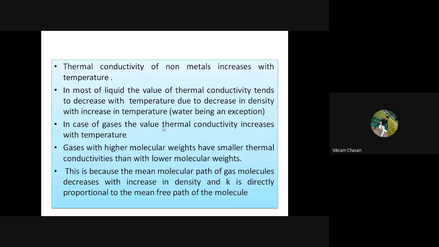Okay, a reverse statement. Then next, this is because of the mean molecular path of gas molecules. You have studied this particular wording in the kinetic theory of gases, I think in physics or chemistry. Have you studied this, in 12th, 11th, first year, wherever?